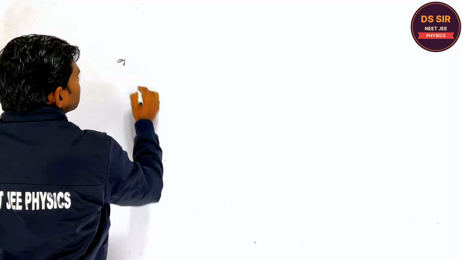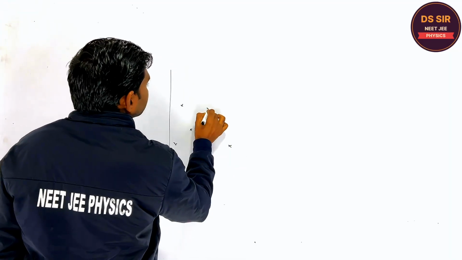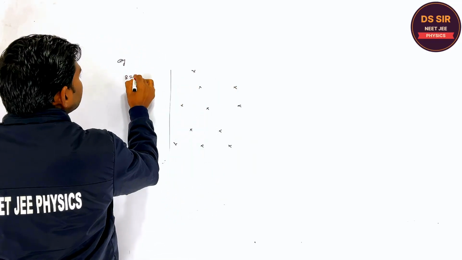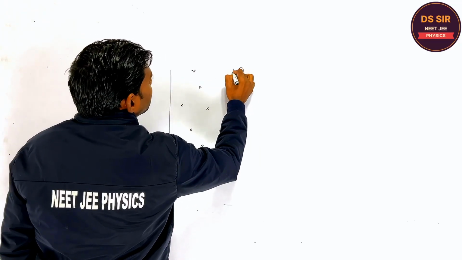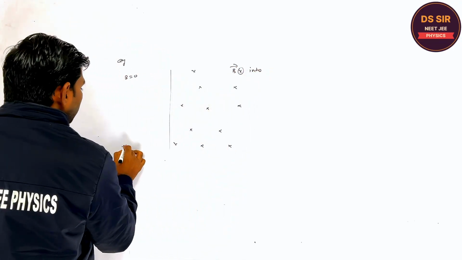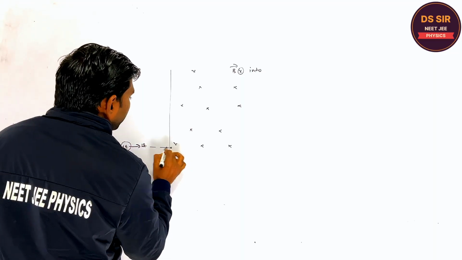So let's see another example. For example, suppose there is a magnetic field into the board like this, right? There is no magnetic field this side, and here the magnetic field is into the board. Suppose the plus q charge is coming with speed v and enters the magnetic field.